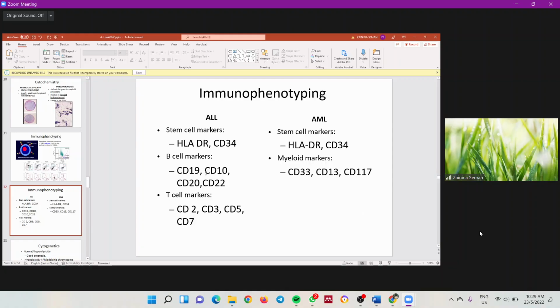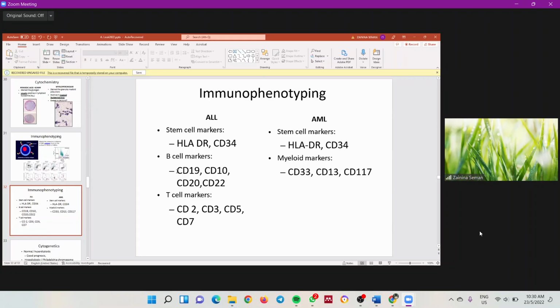If the patient has B-ALL, which is more common than T-ALL, the immunophenotyping is positive for CD19, CD20, CD22, which are B cell markers.